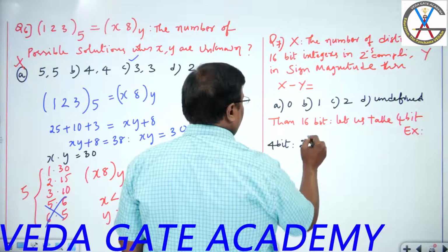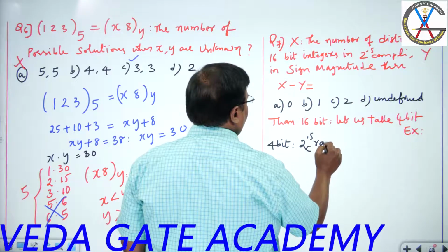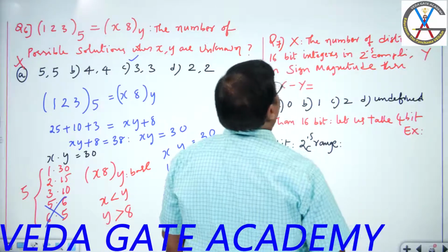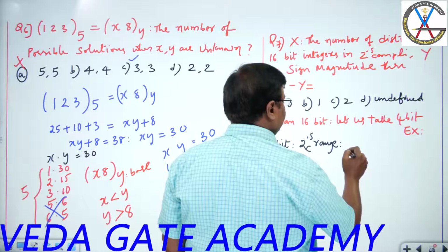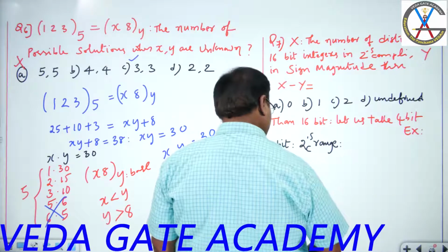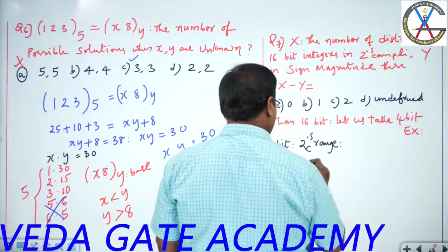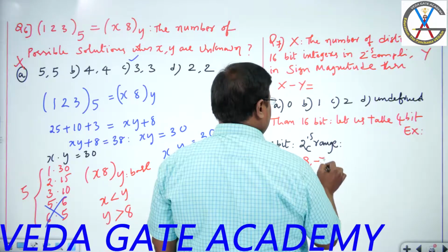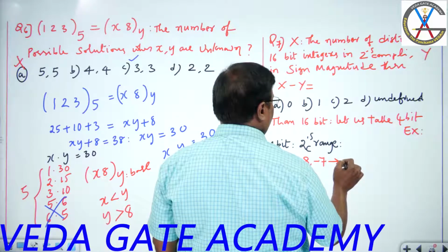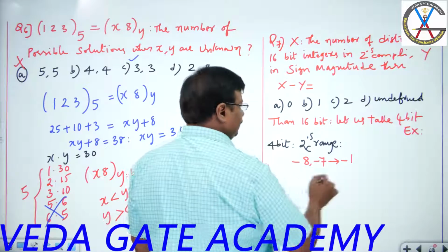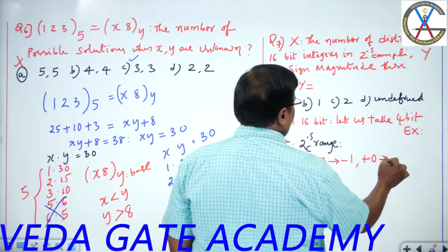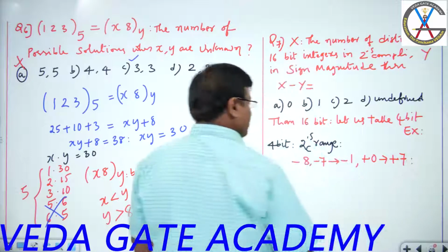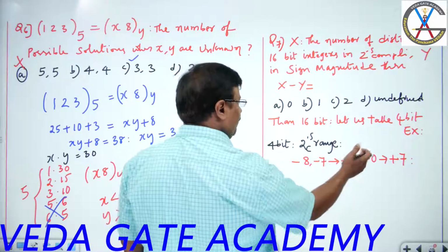4-bit 2's complement range: minus 8 to minus 7 to minus 1, comma plus 0 to plus 7.